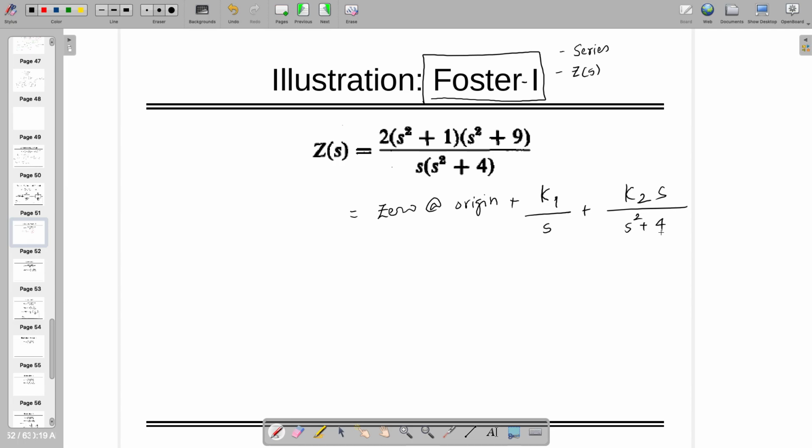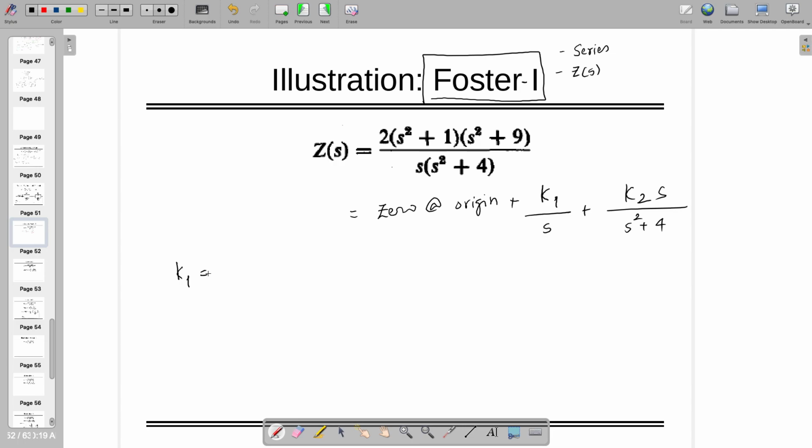Right. Now I want to find out k1. Can you help me in finding out k1? What is the value of k1? So find out the final value. Something will be coming, 9 by 2, 15 by 2, or something like that, right?